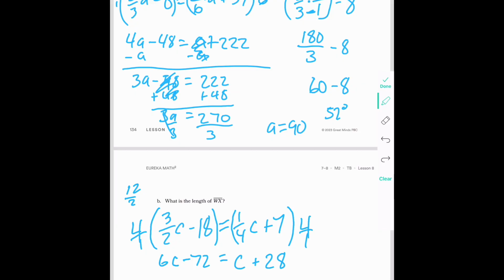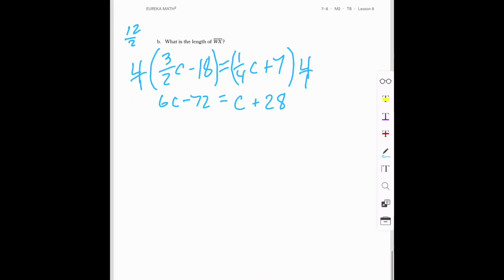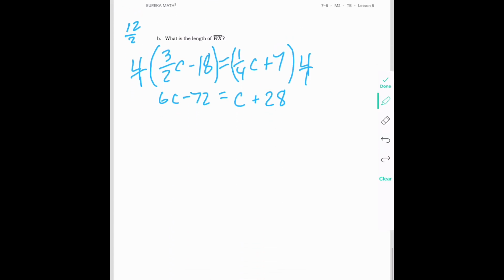Let me scroll up so that y'all have more space. Then we would get rid of one of the C's because we could actually do special step C now. It'd be easier to get rid of just the 1C or the C by itself because we'll stay in the positive. This goes away. This will equal 5C minus 72 equals plus 28, or just 28.